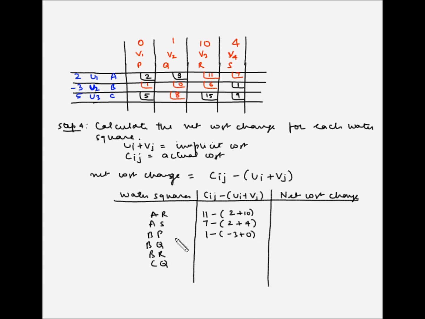For BQ, Cij is 0 minus, U2 is minus 3 and V2 is 1. For BR, Cij is 6 minus, U2 is minus 3 and V3 is 10.